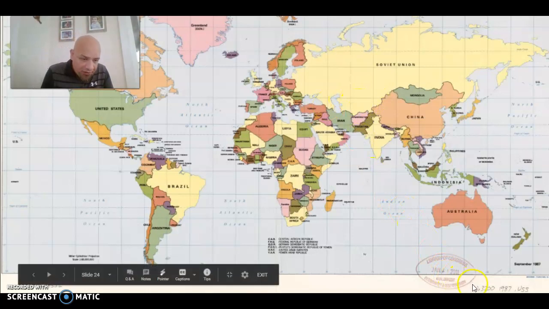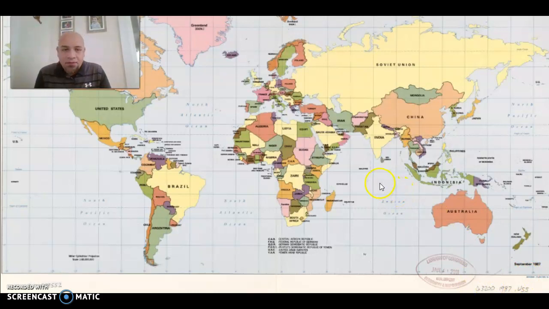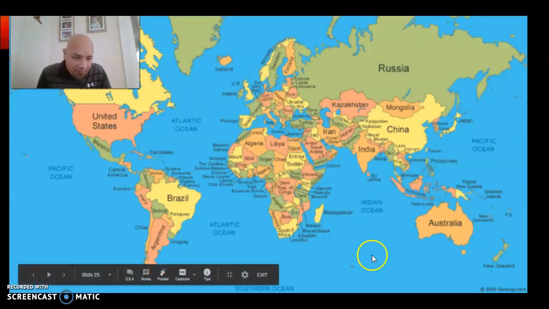So we have to check the date. I know you might not be able to see it, but this date says that this map is from 1987. And this map, again, it's not as easy to see here, is from 2020.